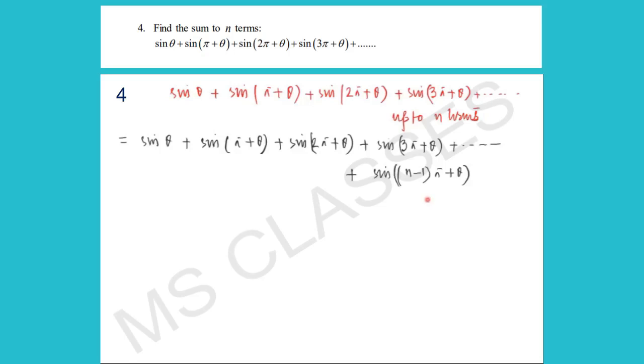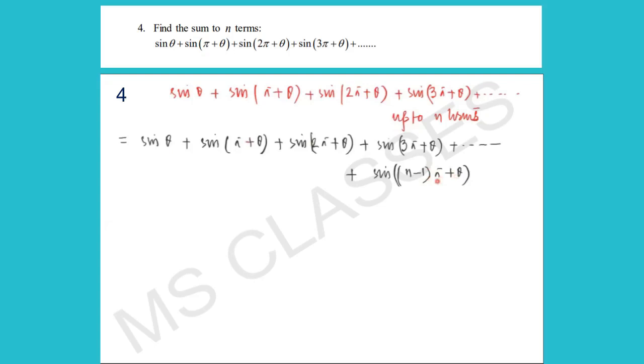How? If you know AP, then you can understand very easily. Or if you don't know that, no issues, because here the common difference is pi. The nth term is a plus n minus 1 into d, where d is pi.